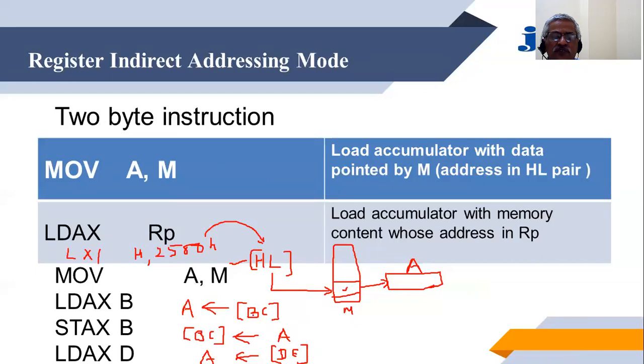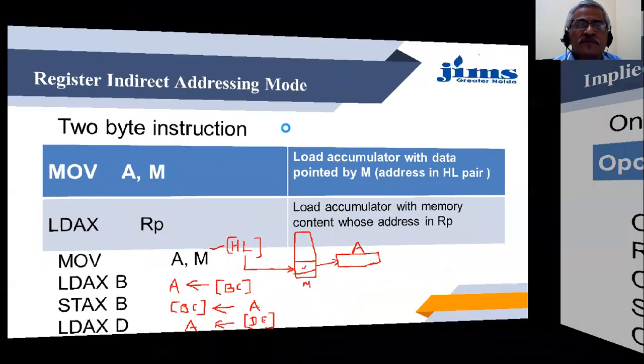That is, the contents from the address given in BC are loaded into the accumulator. So is the case with STAX B, store the accumulator at the memory whose address is given in the BC pair. So this is how these instructions operate.